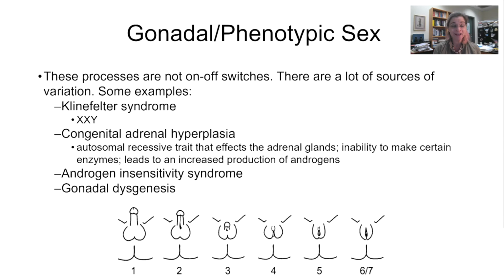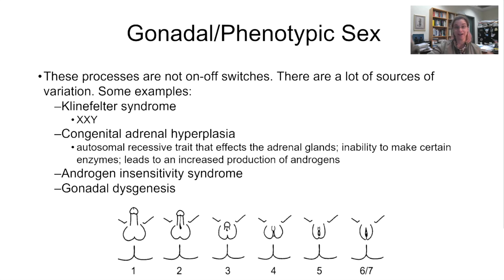Then you have congenital adrenal hyperplasia as another example. This is an autosomal recessive trait that affects the adrenal glands, which leads to an inability to make certain enzymes. And because they can't make those enzymes, they actually have increased production of androgens. And so you also then have androgen insensitivity syndrome.